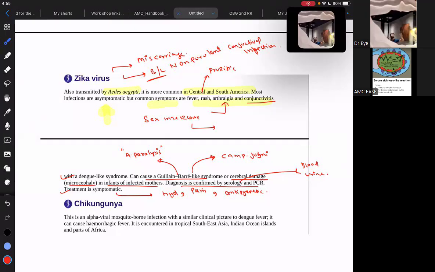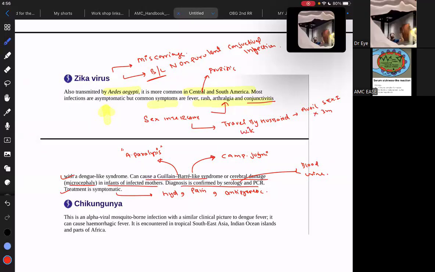Remember that if there is a travel history by the husband, then please avoid sexual intercourse for 3 months.